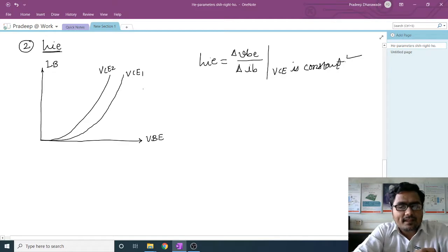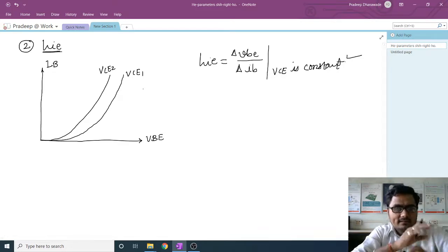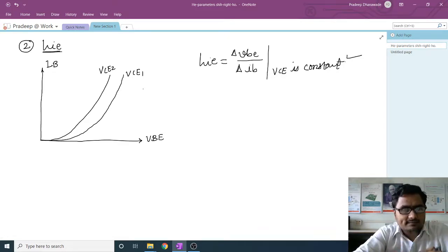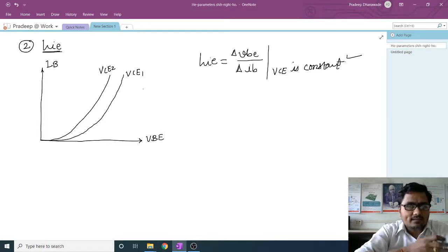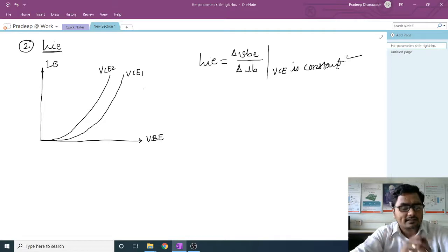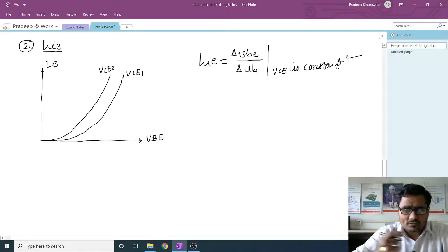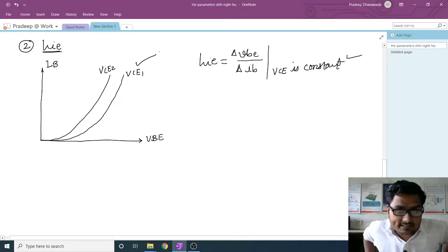It means I have to select any one of the curves, because for the complete graph VCE is always constant. That's what my characteristic says. So consider any one graph out of these two. I have selected this trace.